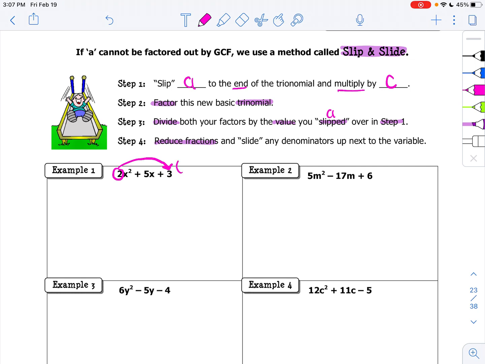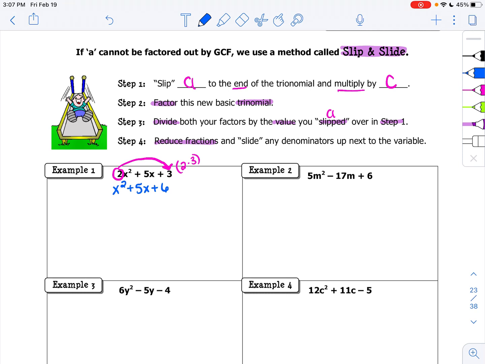So when we multiply this 2 times 3, we get 6. So when I slip that 2 down, it goes away for now. So we're left with x squared plus 5x plus 6, because we've multiplied that 2 times 3.